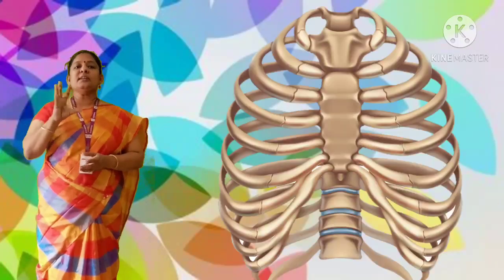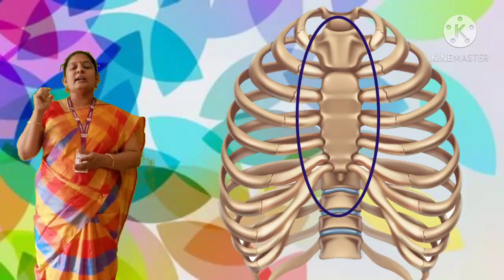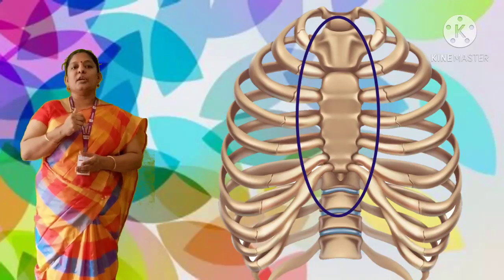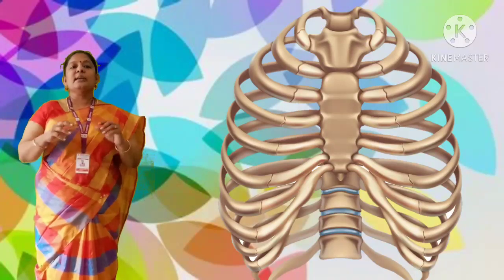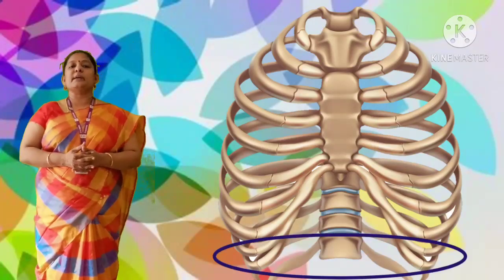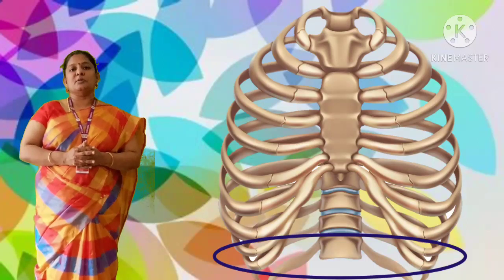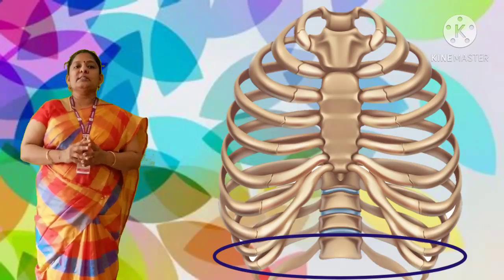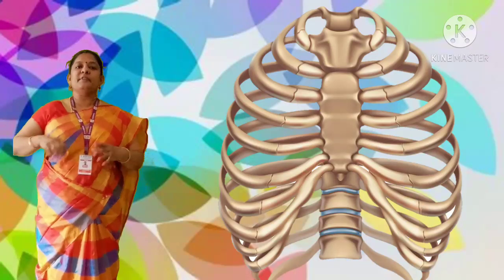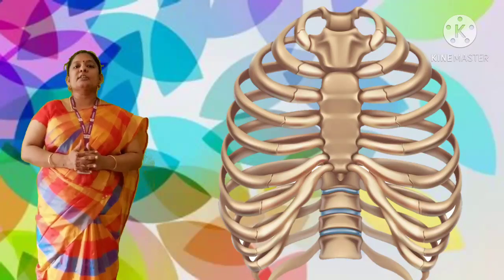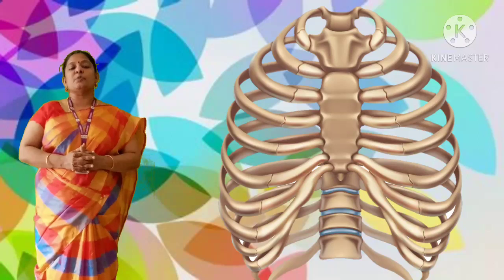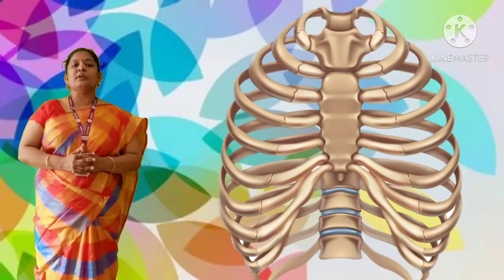The first 10 pairs of ribs are attached to the breastbone, which is why they are called attached ribs. The last two pairs are not attached to the sternum, the chest bone. They are floating, with no place to attach to the chest bone, so they are called floating ribs.